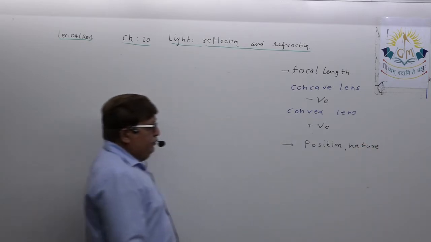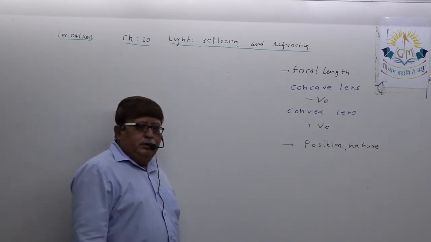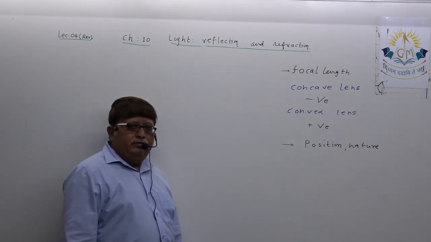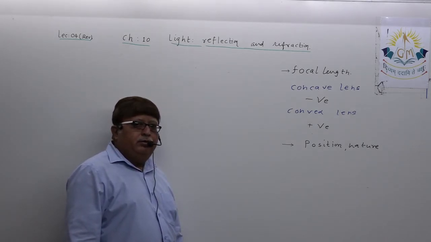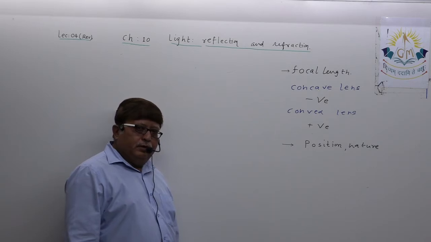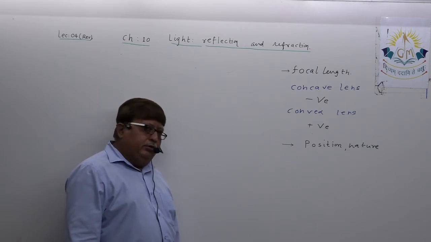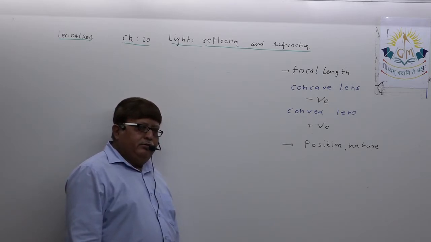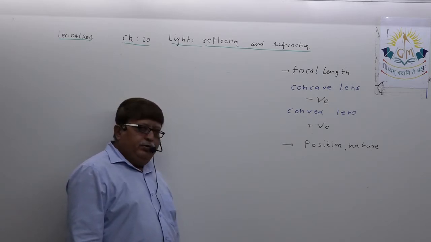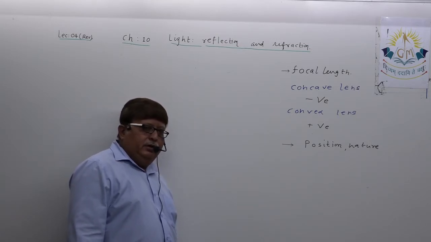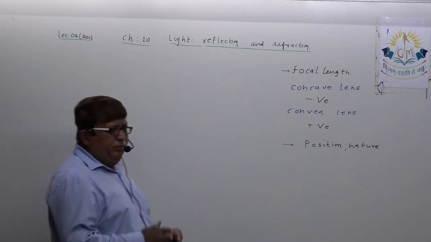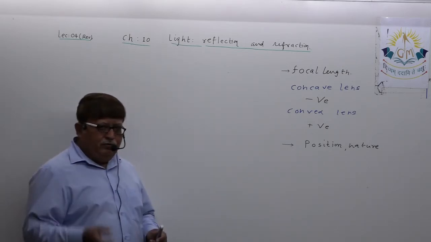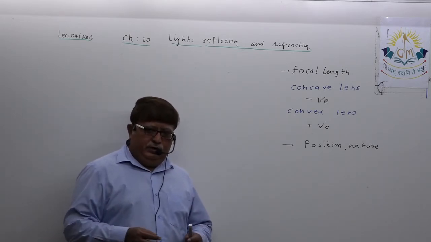Try to understand, in lens it is totally in contrast to the mirror. Before I mention some important aspects regarding position and nature, you should sum it up yourself; that's why I sent you the PDF in advance.